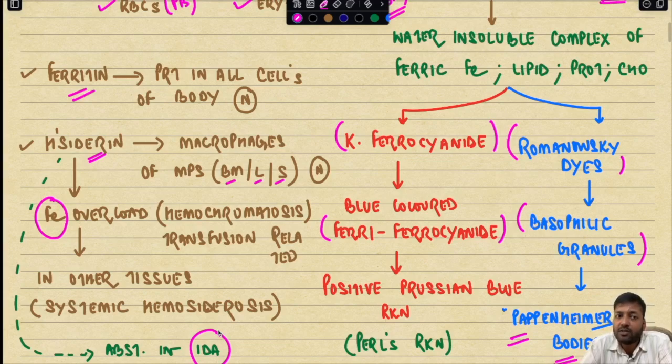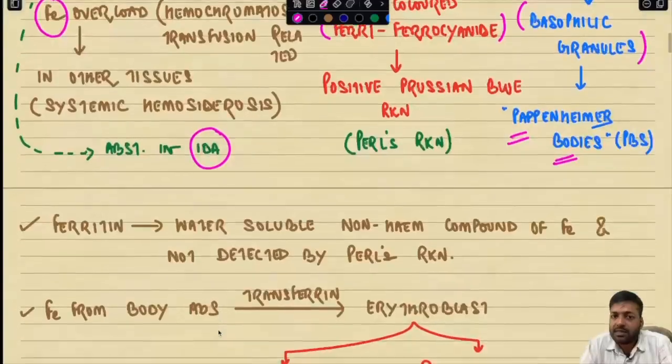Not only that, it will also start getting deposited in other body tissues, leading to a condition called systemic hemosiderosis, and that is pathological. And in conditions of iron deficiency anemia or iron depletion, you will see that there is absence of hemosiderin. So I hope this concept is crystal clear to everyone.